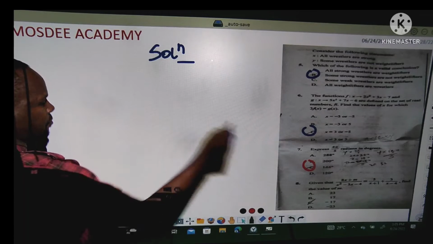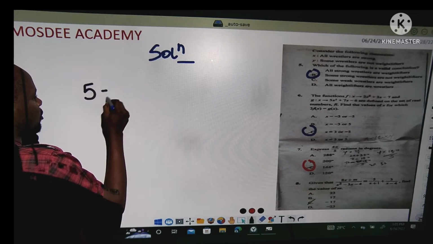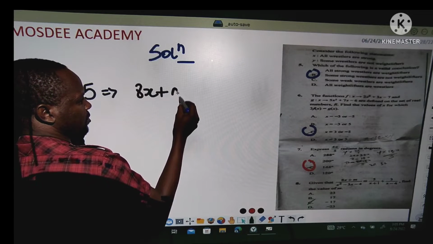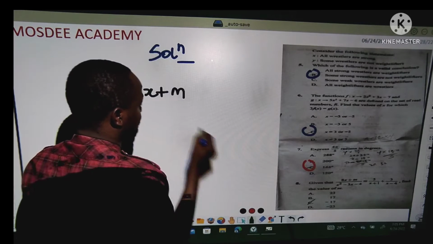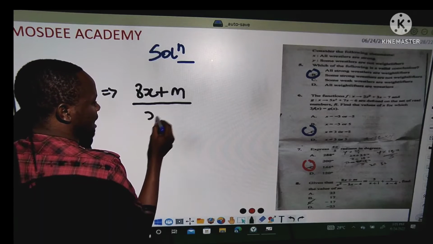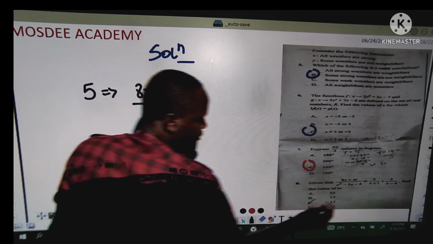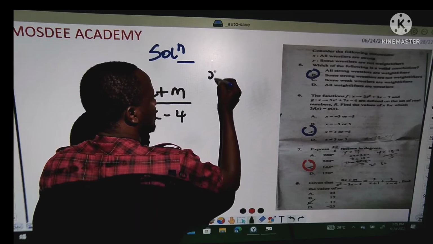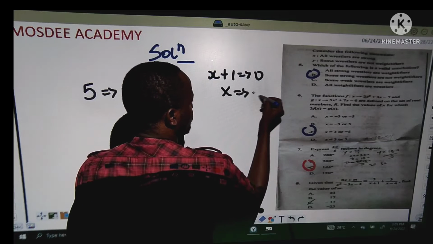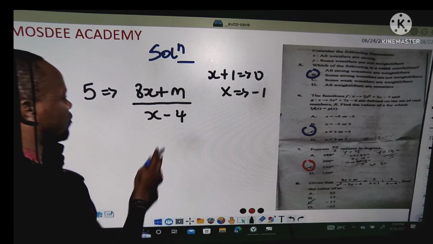If I'm taking that 5 there to set the relationship, it must be equal to 8x plus m all over the other denominator of the second fraction, x minus 4. When what is under 5 is equal to 0, that is when x plus 1 is equal to 0. So x is equal to minus 1. Direct solution is always good for some questions.